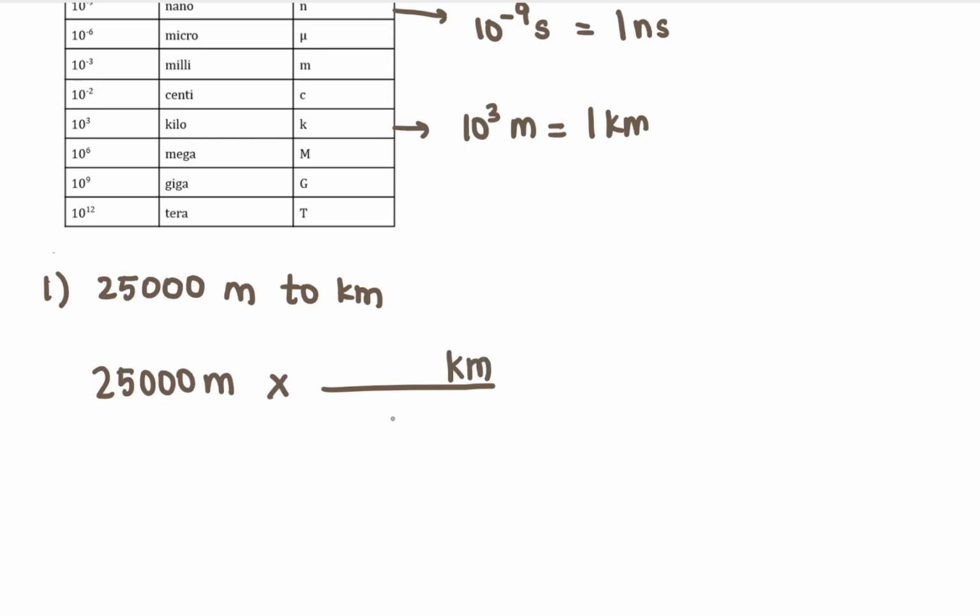And the unit that we have goes in the denominator, which is meters. This is because we can cancel out the units and we remain with the unit that we want. So now, using this, we can make this ratio equal to 1. Doing the calculation, it gives us 25 kilometers.